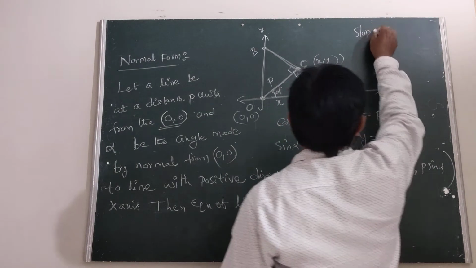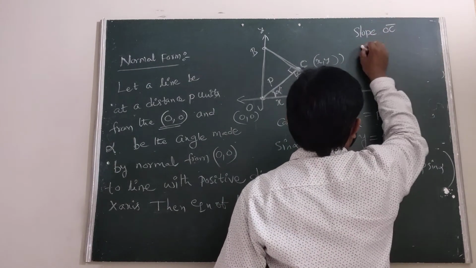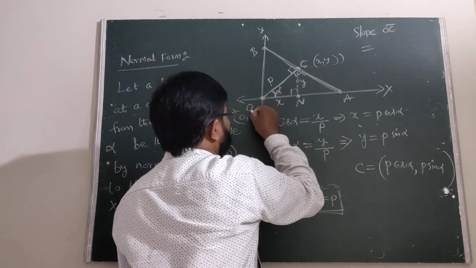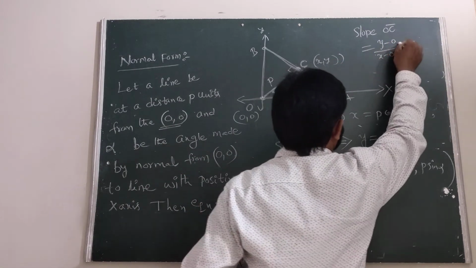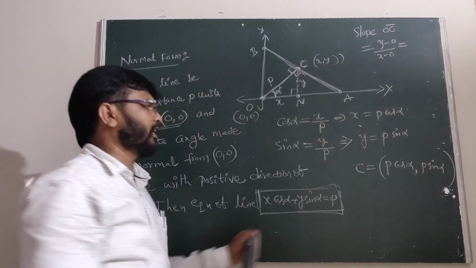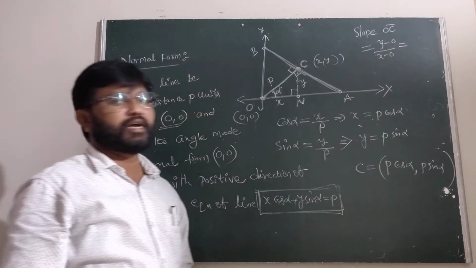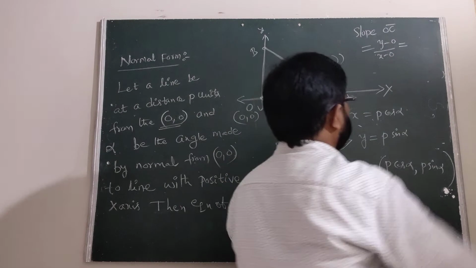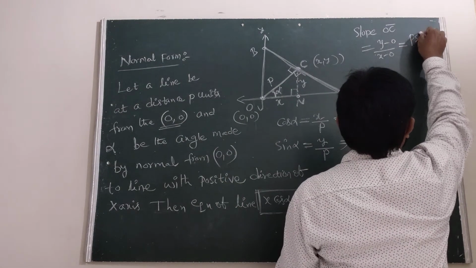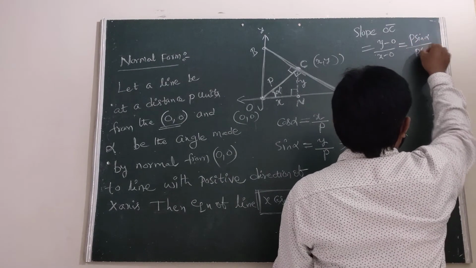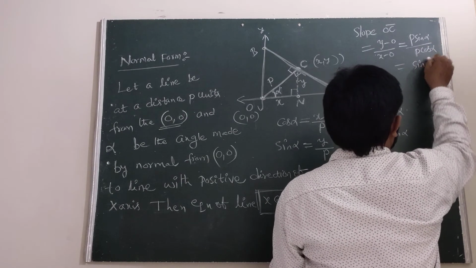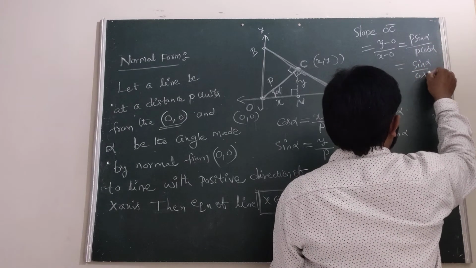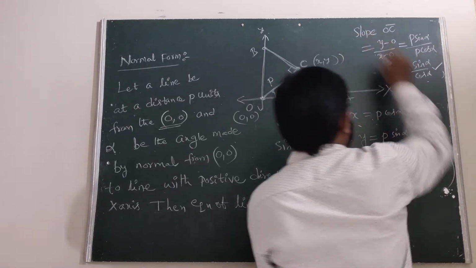That is (y - 0)/(x - 0). Y is p sin alpha, x is p cos alpha. Therefore, this is p sin alpha by p cos alpha, so we get sin alpha by cos alpha. This is the slope of OC.